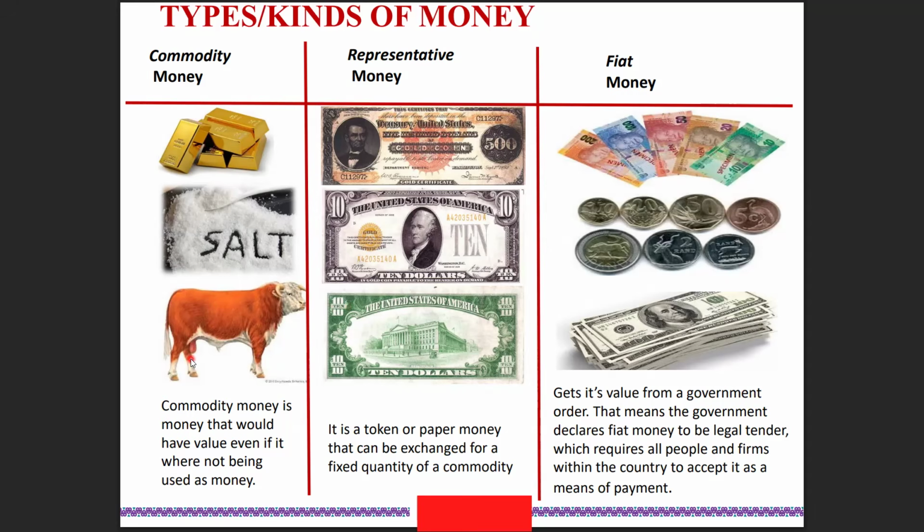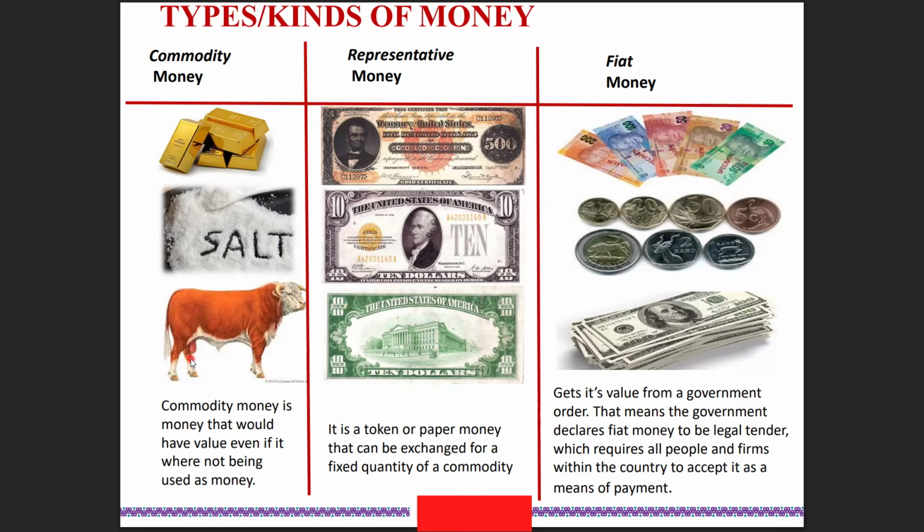Back in the days when they were using the barter trade system, this system led to the challenge of double coincidence of wants, right? Remember the example that I made: you find that there's someone who has what you want, but you have what they do not want. So you have to move around looking for a person that has what you want and also wants what you have.